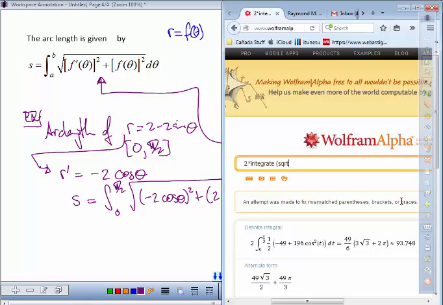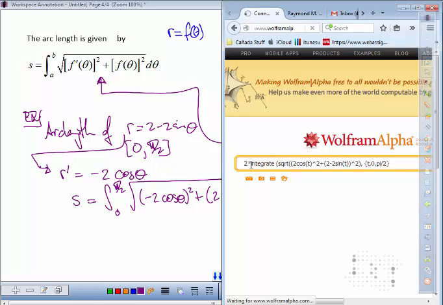Just make sure it's in parentheses. So the square root of what? We have 2 cosine theta squared plus, in parentheses, 2 minus 2 sine theta squared. And then close the square root. We're going to integrate this from 0 to pi over 2.